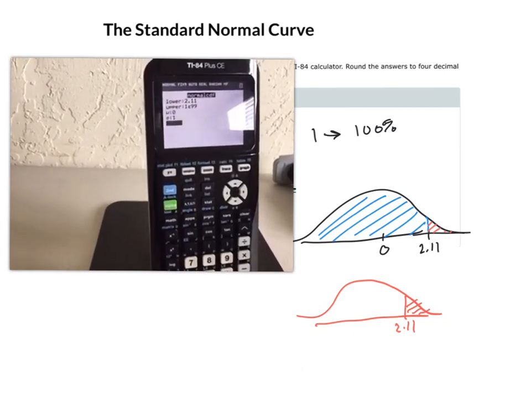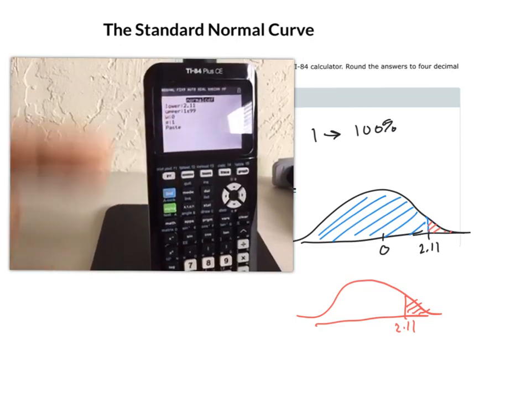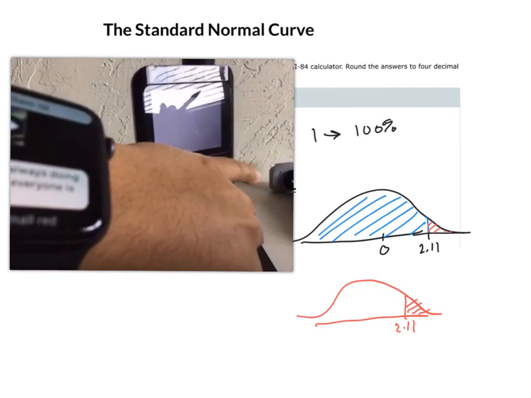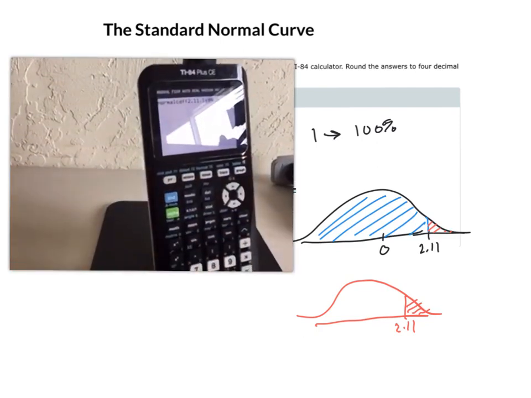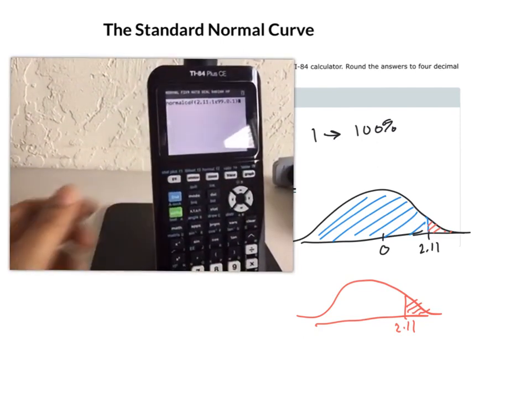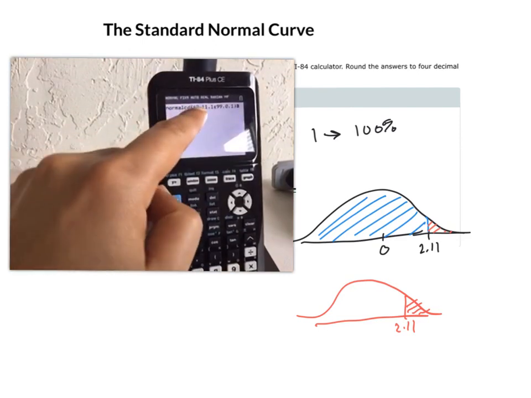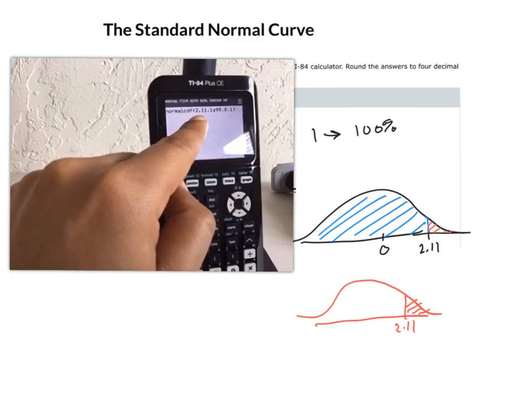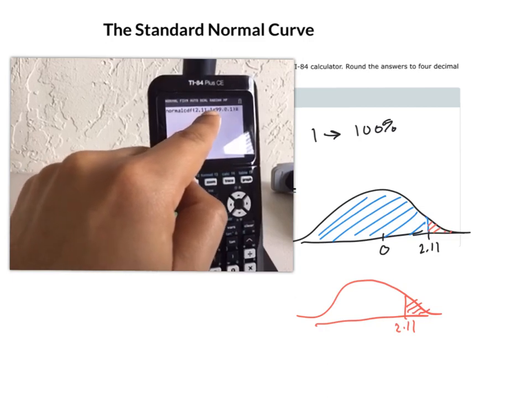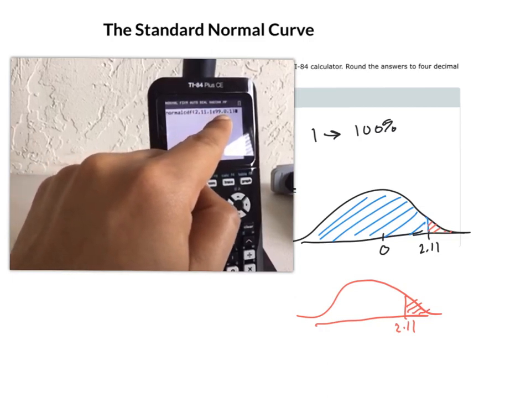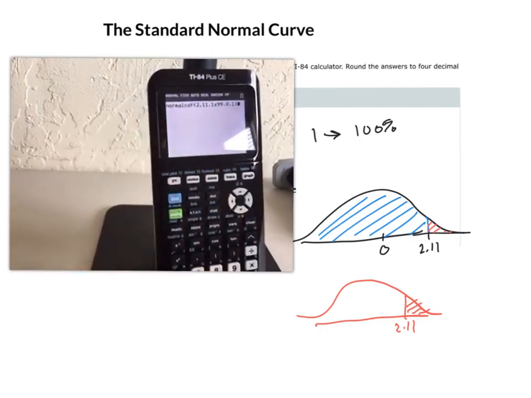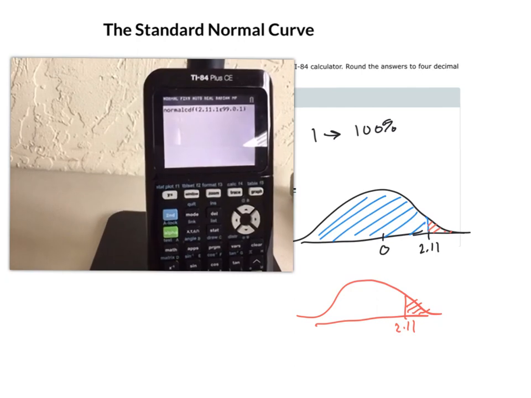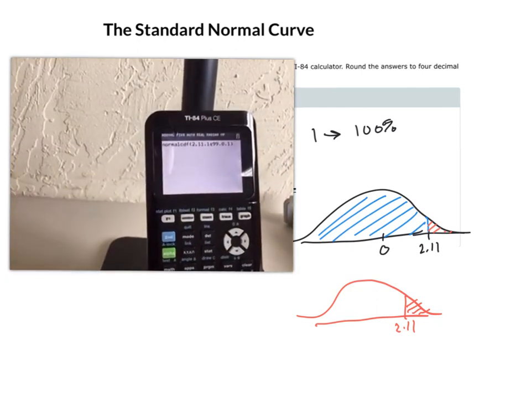If your calculator doesn't have this nice function that you see here, some calculators, if you're going old school, just give you normalcdf and you have to manually put all this in. Just remember, the first is the left value, then the right value, the mean, and the standard deviation. It's the same exact thing, except you have to manually enter those numbers. Once I hit enter, let me go ahead and enter.